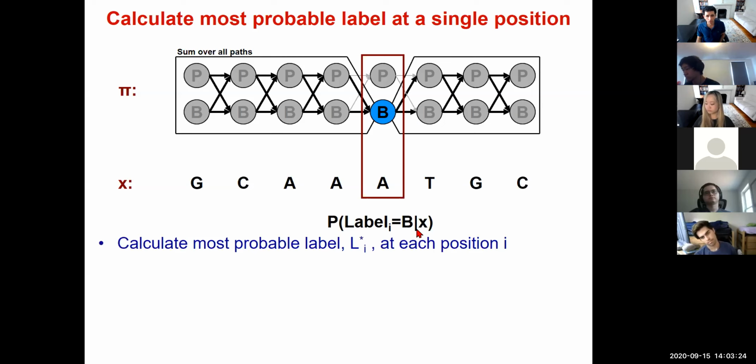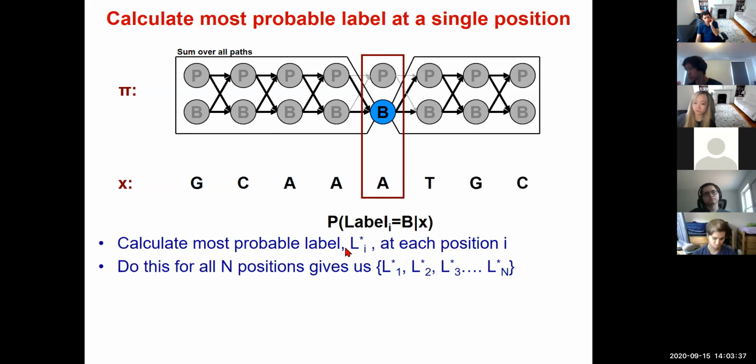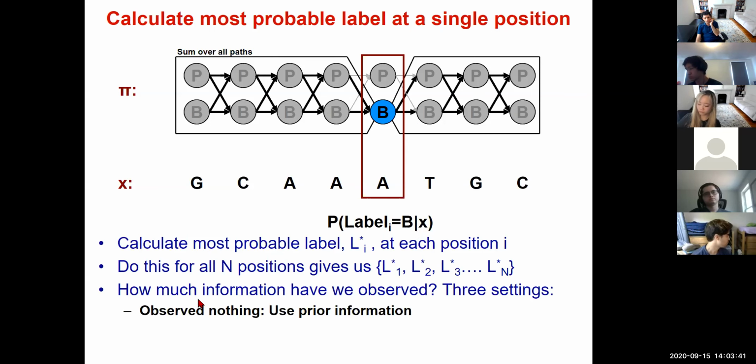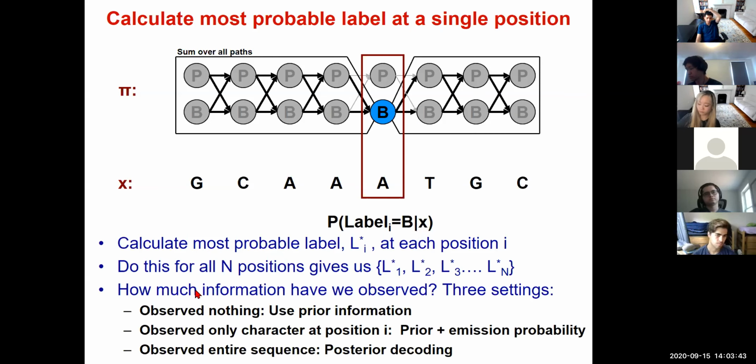Okay, so there's many ways to say what is the most probable label at a single position. What I could do is simply calculate the most probable label at each position, doing this for all of the positions, and there's multiple settings in which I can do this. One setting is I haven't observed anything.